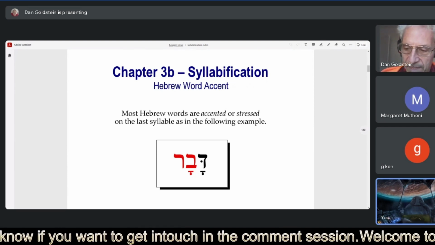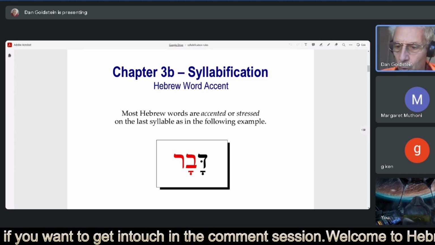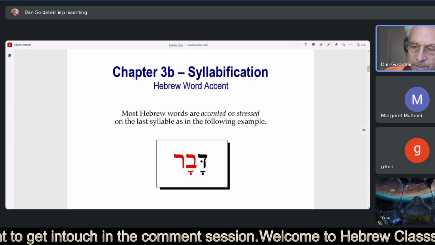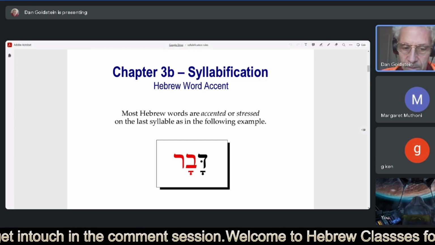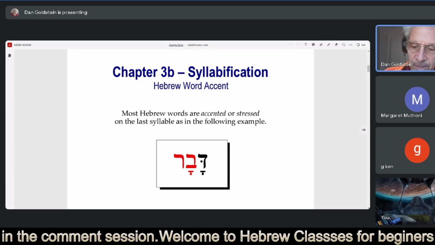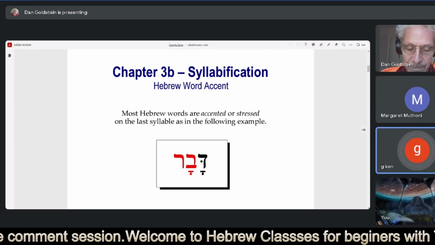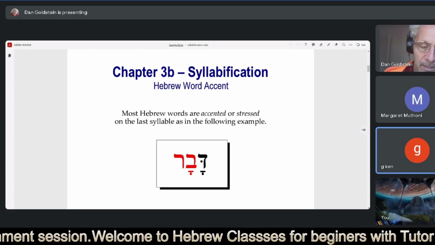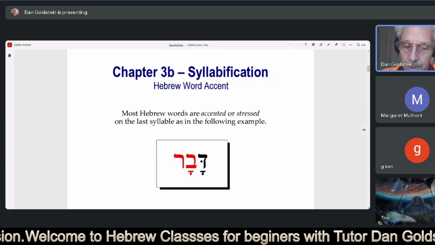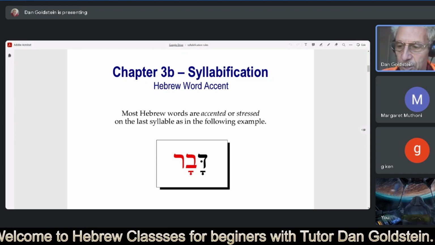And we define syllables as either open or closed. An open syllable ends in a vowel, such as da. Do you understand that? Yes. Okay. And a closed syllable ends in a consonant, such as var, which ends in resh.